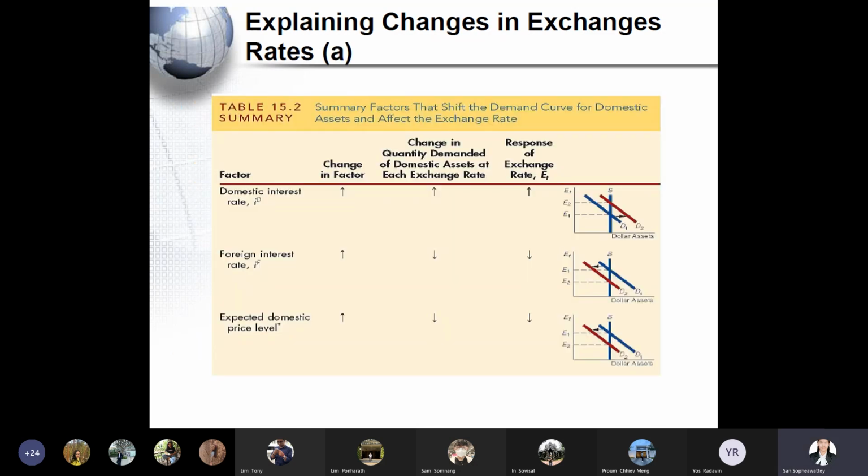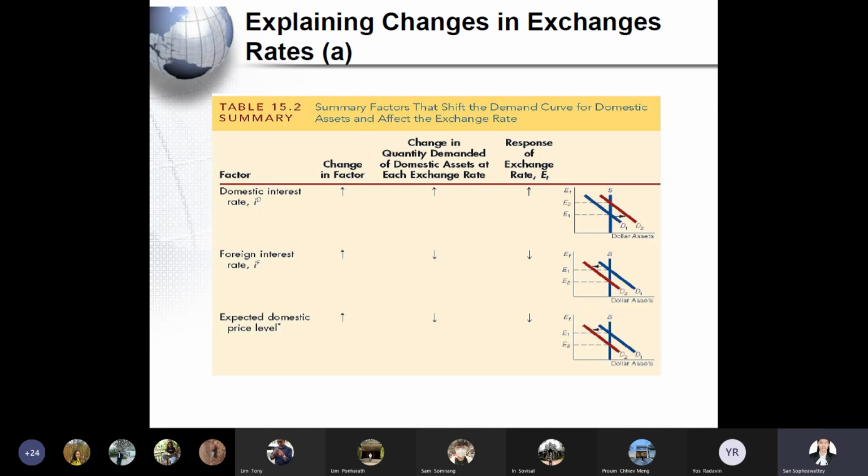So this is just a summary of the shifts in the demand curve for domestic assets and their effect on the exchange rate. Probably you can have a look here. When the interest rate on domestic assets increases, in this case for example, the expected return on dollar assets also increases at each exchange rate.